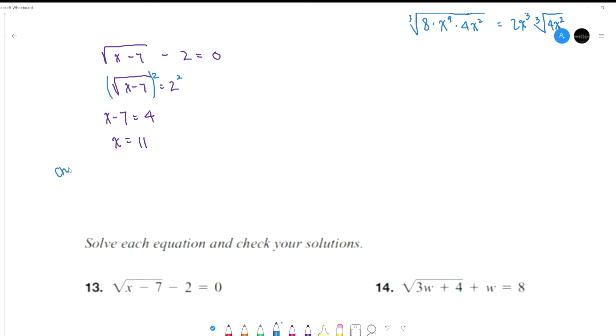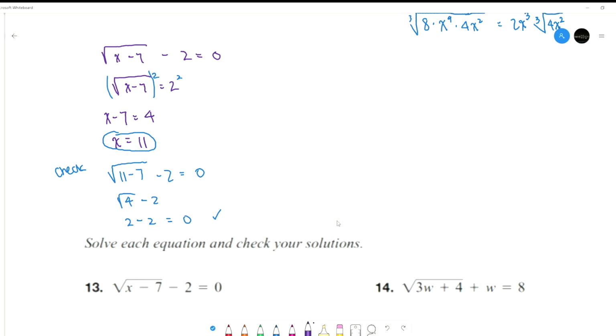So here's the check. We got the square root of 11 minus 7 minus 2. Does this equal 0? So let's see, 11 minus 7, that's our 4. Square root of 4 minus 2 is 2 minus 2 is equal to 0. Very good, it works. So x equals 11 is the solution.